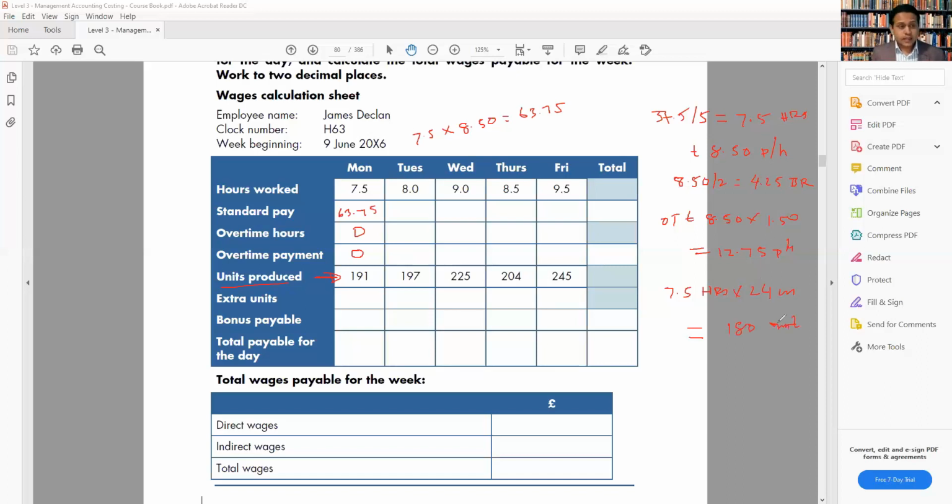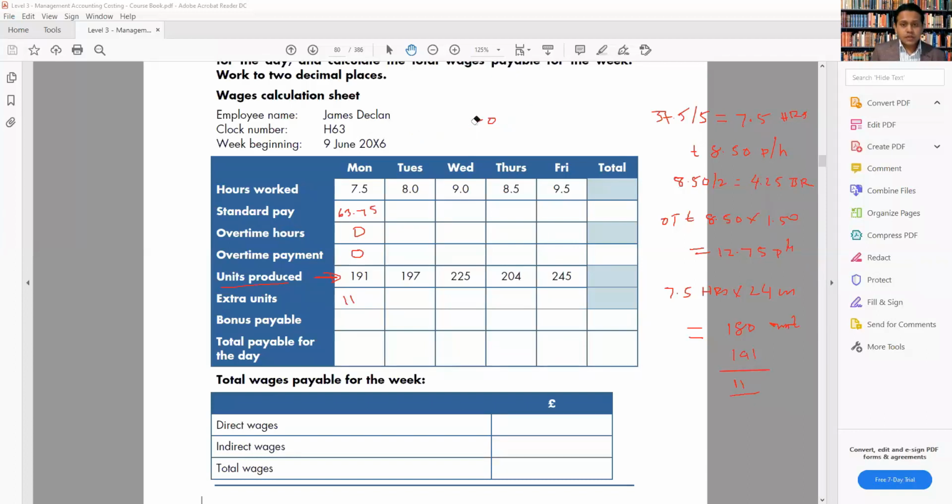But we can see James actually produced 191. So he fulfilled the target and made more than that. So how many units did he produce extra? Because the bonus will depend on that, isn't it? So I can say James produced 11 extra units. So up to here, we are fine.